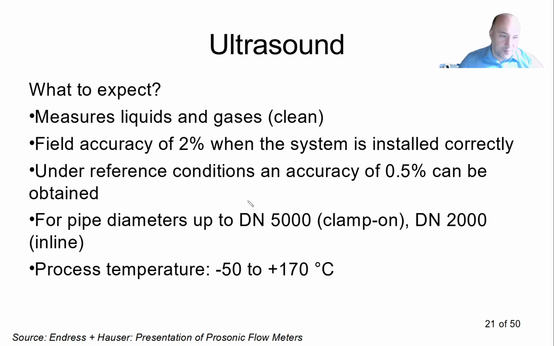So what can you expect? The ultrasonic flow meter can measure liquids and gases, but only if they are sufficiently clean. We have seen about 2% of gases in the liquid and about 5% at maximum of solids. We can expect a field accuracy of about 2% when the system is installed correctly.